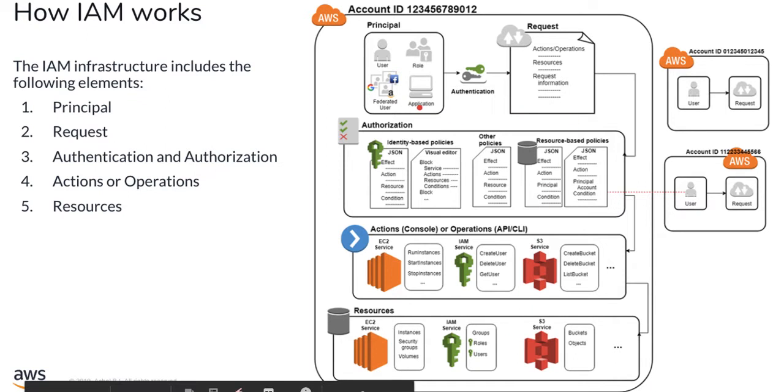So there are various steps in how this IAM works, from principal to the request to authorization. Mind that only when authentication happens, a request is generated and sent to the authorization, and only on this validation would further access happen down the line. You can also have resource-based policies.